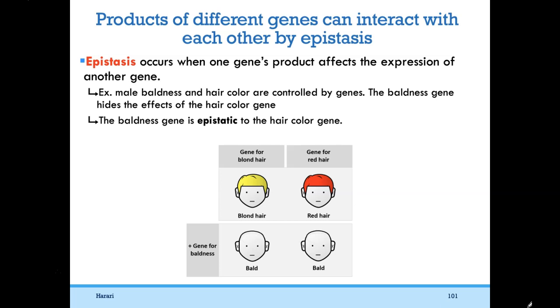We can therefore say the baldness gene is epistatic to the hair color gene. Epistatic means masks. So the baldness gene masks the hair color gene. So whether you have blonde hair gene or red hair gene, it doesn't matter. If you have the baldness gene, you're bald, right? That takes priority. The baldness gene masks whatever other genes are there.